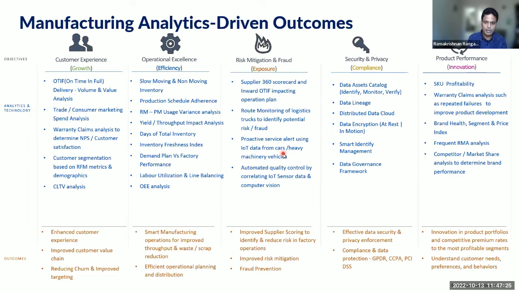So basically, the tap is open, meaning that they can spend whatever time they want on making these analytics more sophisticated and more accurate, if you will.